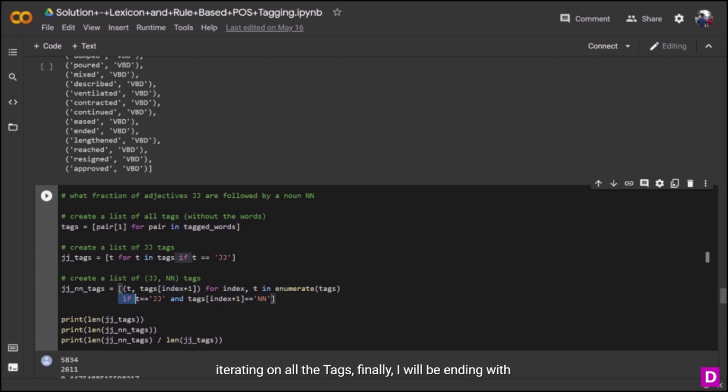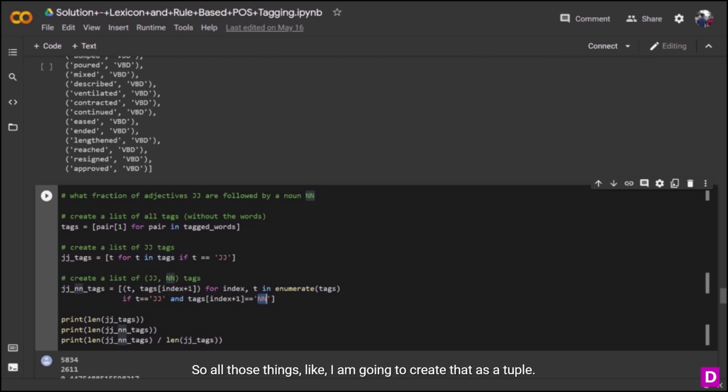Once I filter with this condition by iterating on all the tags, finally I will end up with a tuple over here, right? The tuple will consist of a particular tag, that is JJ, and also tags of index plus 1. Tags of index plus 1 will basically capture the noun element, where that noun is actually present.